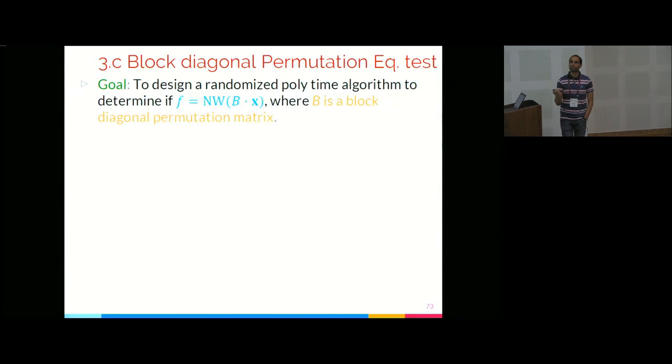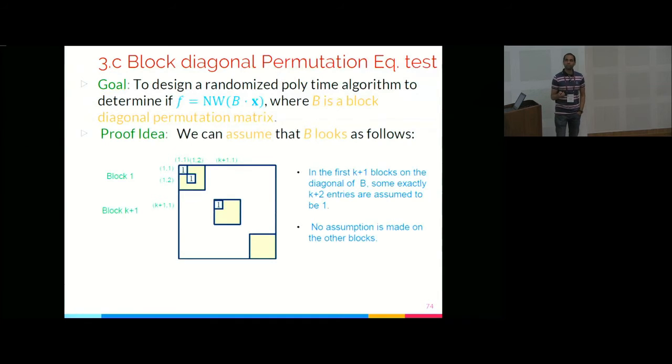So let me quickly come to the second part of this proof, which is to give an algorithm for block diagonal permutation matrices. I'll not give the complete proof, but I'll stress how the knowledge of symmetries helps us in getting a handle on this kind of matrix. To begin with, I only know that B is a block diagonal matrix where smaller permutation matrices are sitting on the blocks.